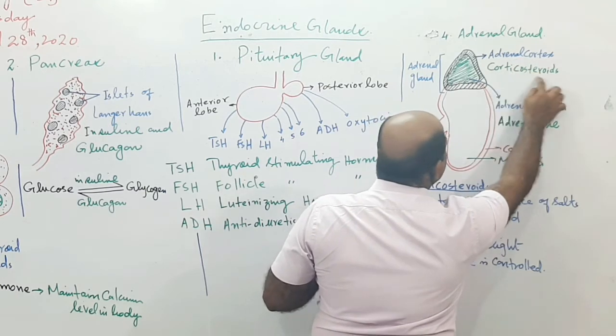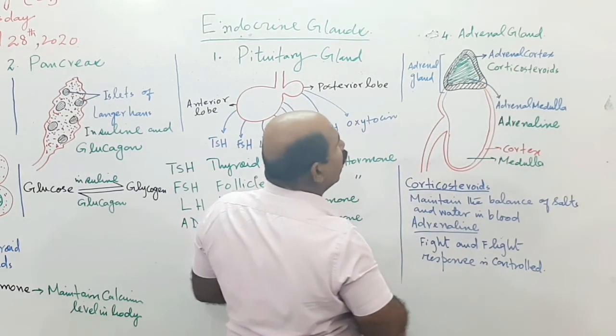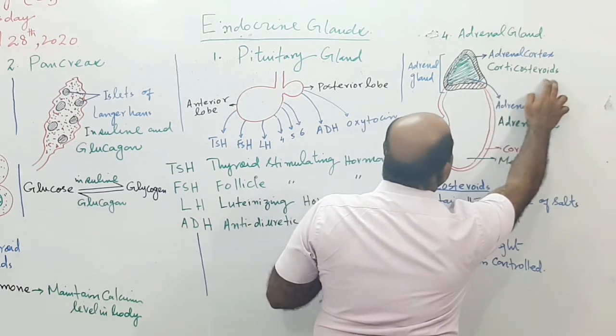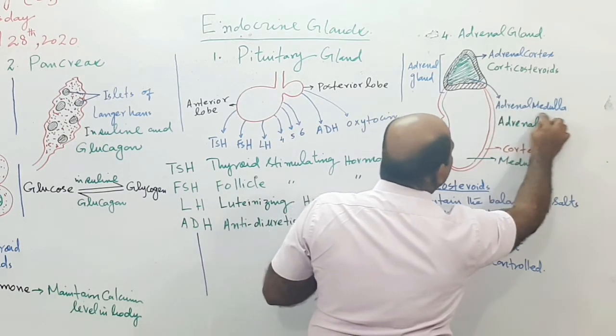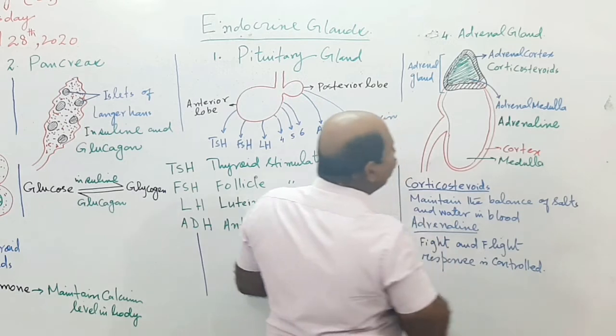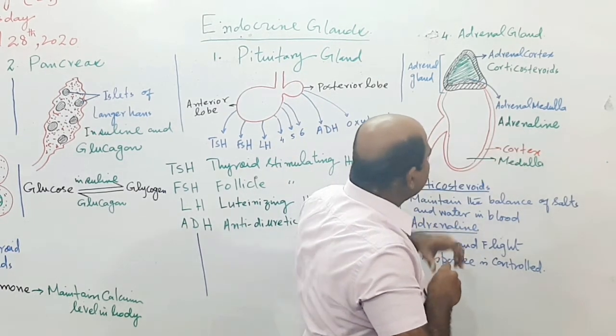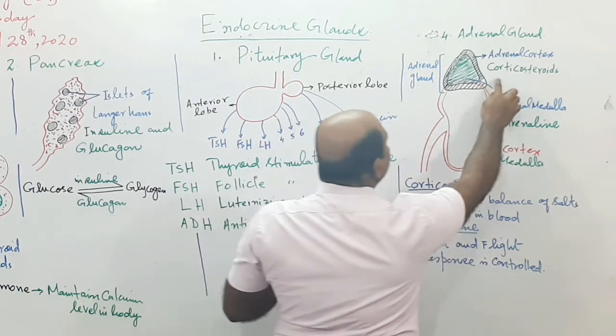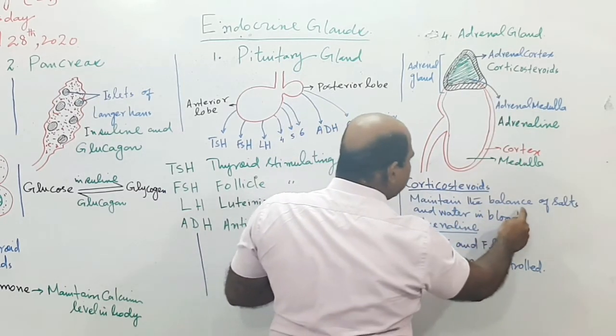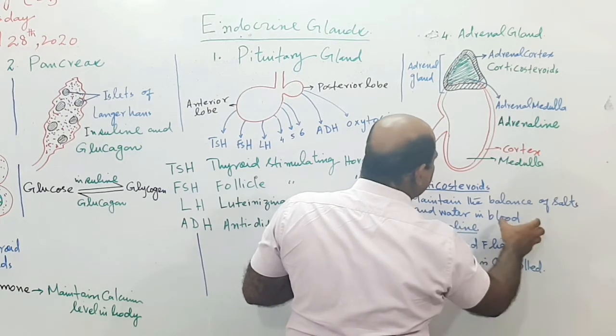The adrenal cortex is producing hormones called corticosteroids, whereas the adrenal medulla is producing a hormone known as adrenaline. The corticosteroids maintain the balance of salt and water in the blood.